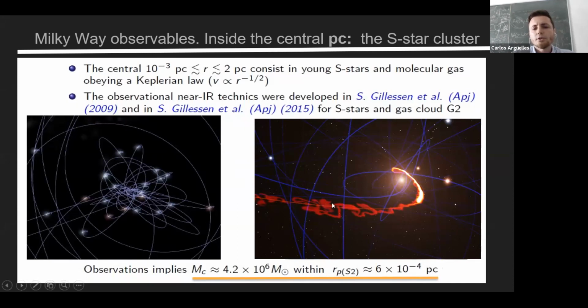This G2 object is not yet a fully understood object, but first it was thought to be a cloud which orbits very near the center, Sagittarius A, with a pericenter very close to the S2 star, which is one of the closest. And showing this, this is a simulation, the observation showed some stripping of mass when passing the pericenter, and the nature of this object is still discussed.